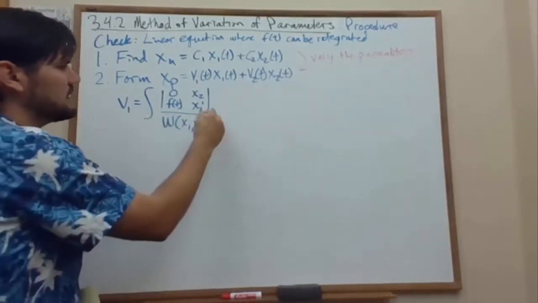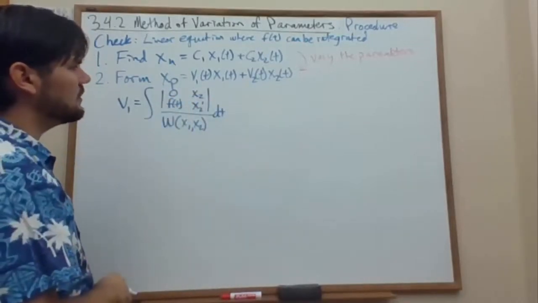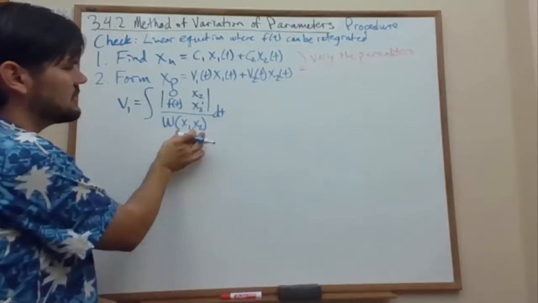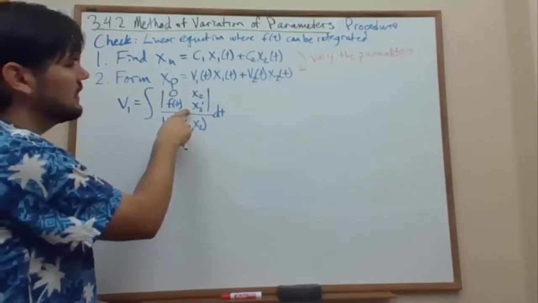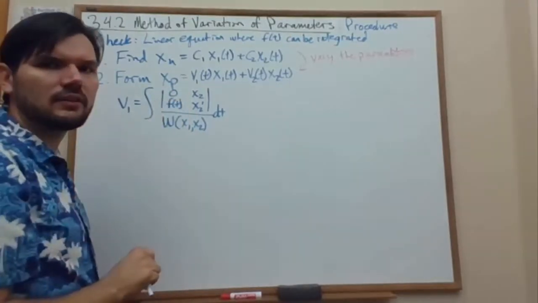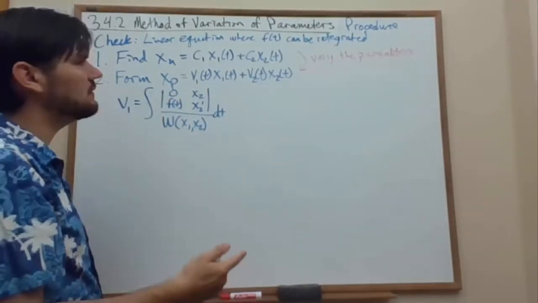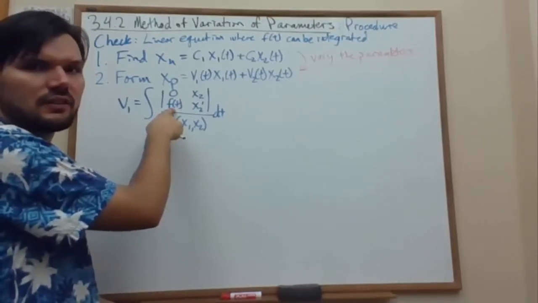Now this top piece looks very similar to the Wronskian. The Wronskian would be x1, x1 prime, x2, x2 prime. The only difference is that we've copied over that first column some pieces that refer to the right-hand side. In fact, this function is the function on the right-hand side.